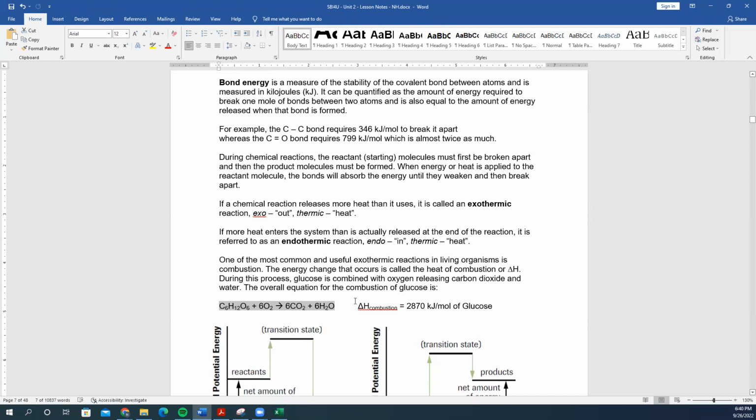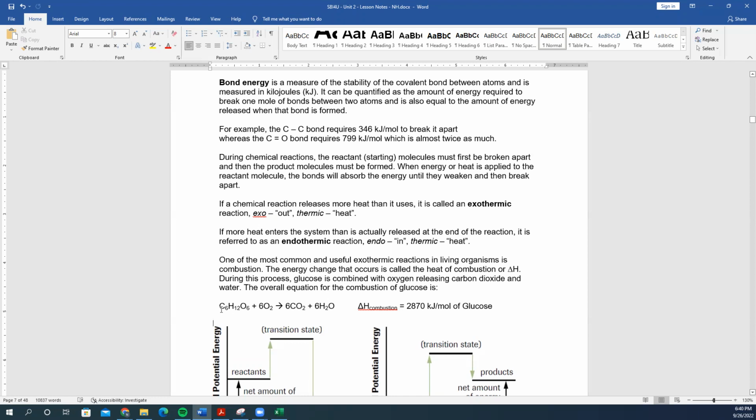Now, the energy change that is associated with this combustion reaction is called the heat of combustion. And we give that a symbol of delta H, and we give it a subscript of combustion to indicate that this delta H, this heat that we're talking about, has got to do with combustion. So during this process, we have glucose combining with oxygen and releasing carbon dioxide and water vapor.